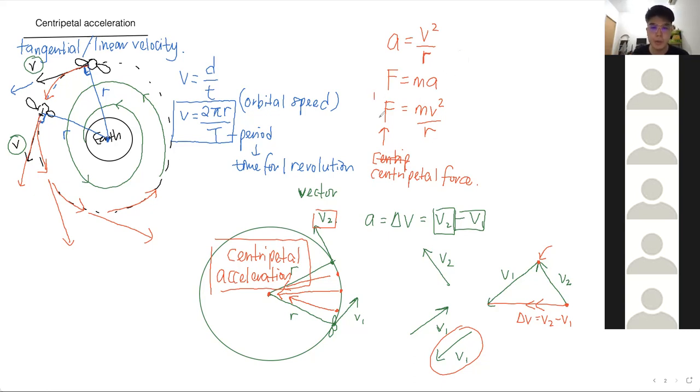So all orbiting objects experience this, and I can also say that the centripetal force is equal to the gravitational force. This is the one thing that you need to understand: the centripetal force is equal to the gravitational force.